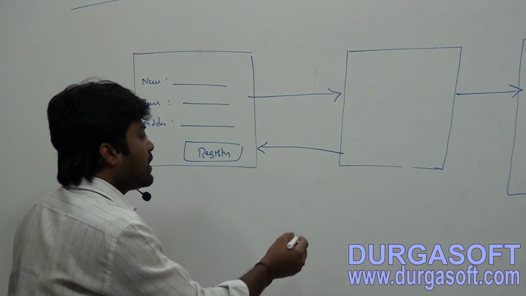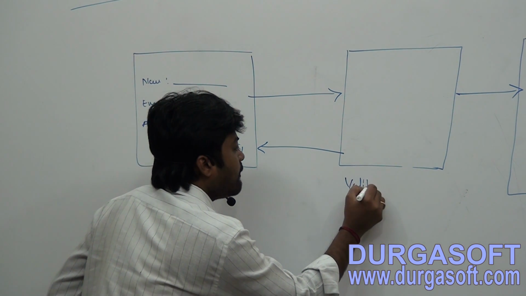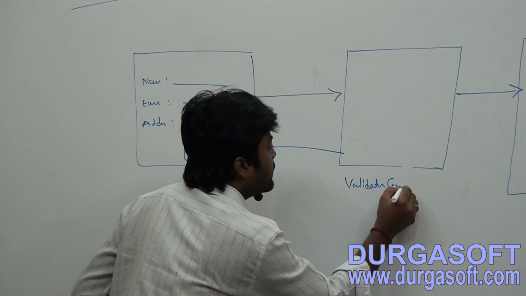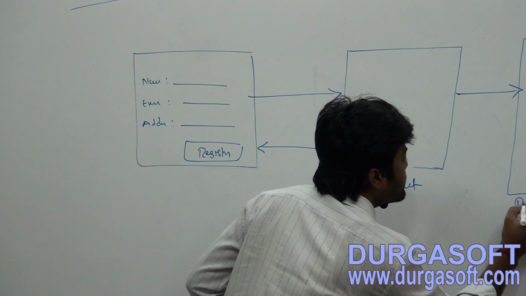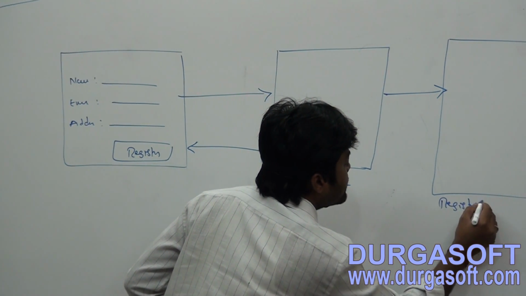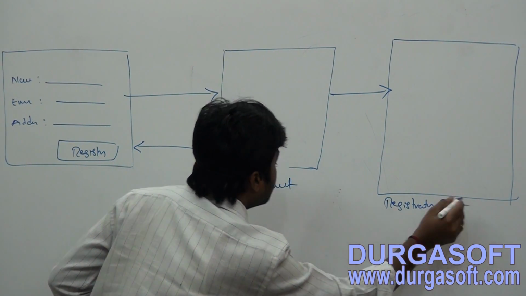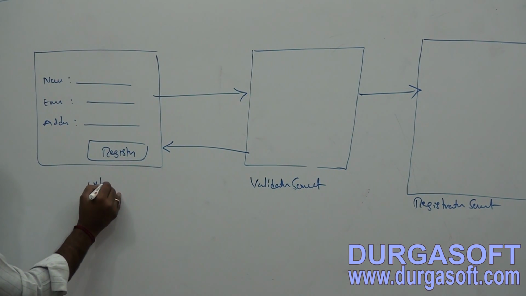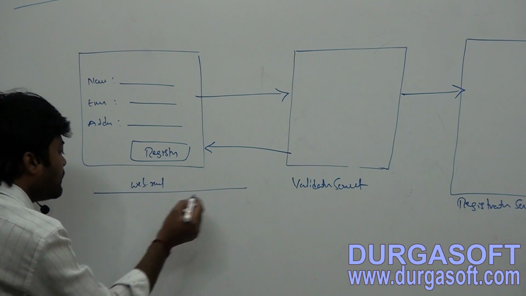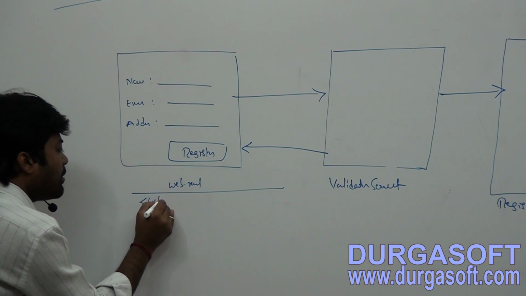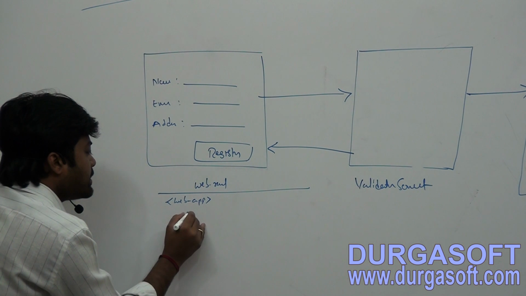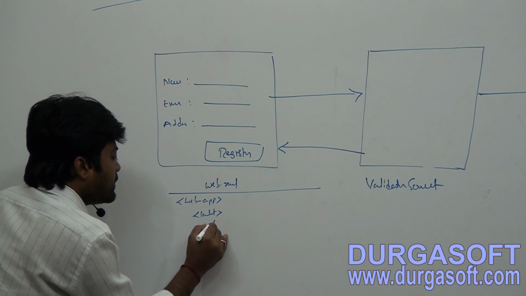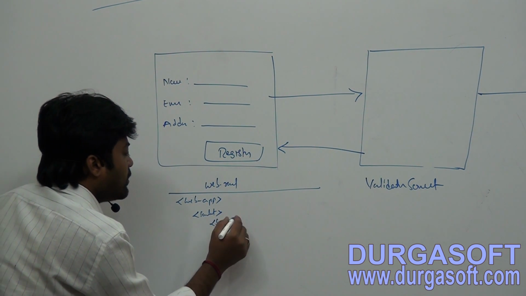Where should we configure the servlet configurations for validation servlet and registration servlet? The servlet configurations we have to configure in the web.xml file, right? So let's say here you have the web.xml file, using web-app, servlet, servlet-name. We have two servlets.